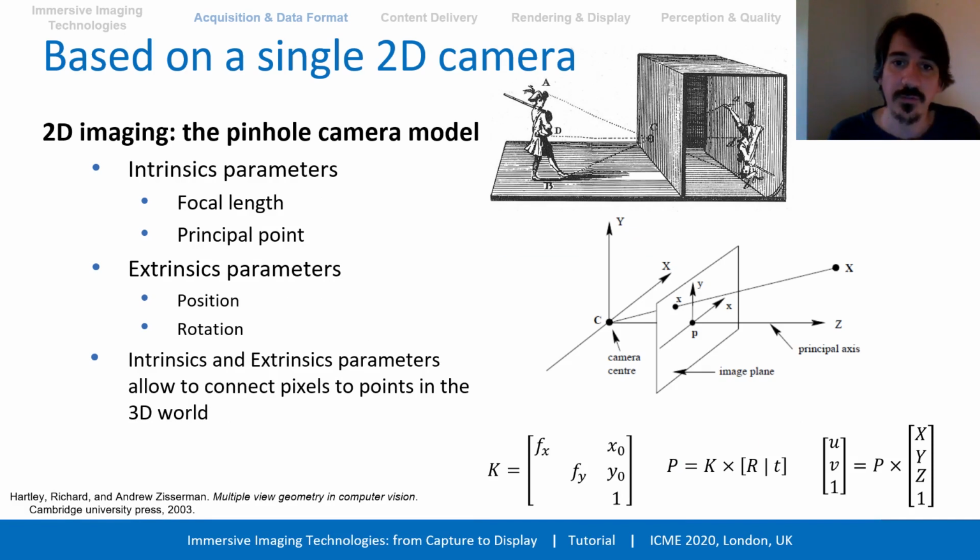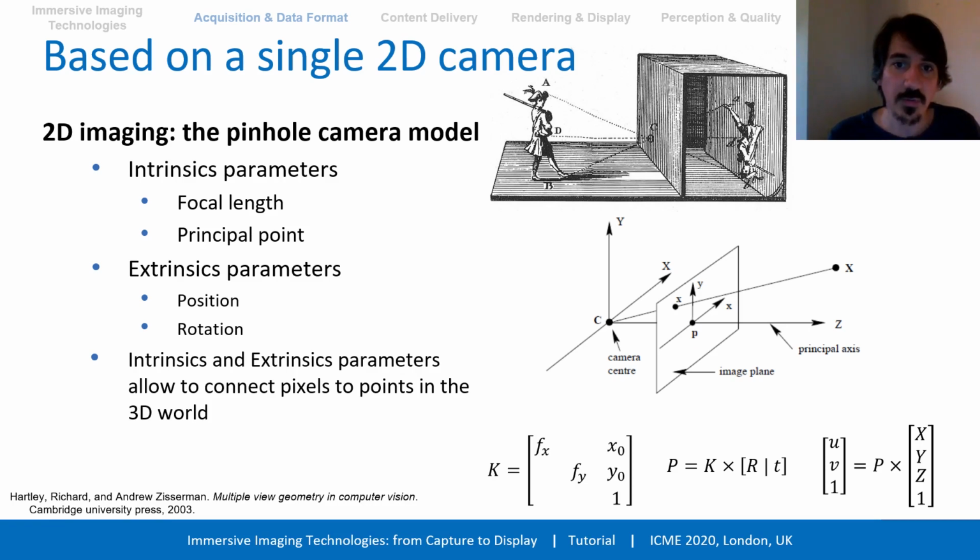One of the very first camera designs to ever exist was the pinhole camera, which consists of a pinhole and an image sensor, typically a film. Light rays from the real world are projected on the image sensor through the pinhole. This kind of camera is easy to model with just a few parameters.